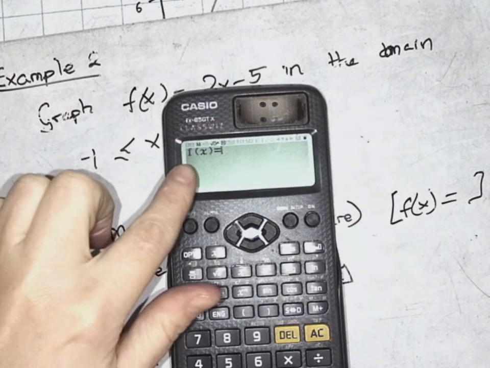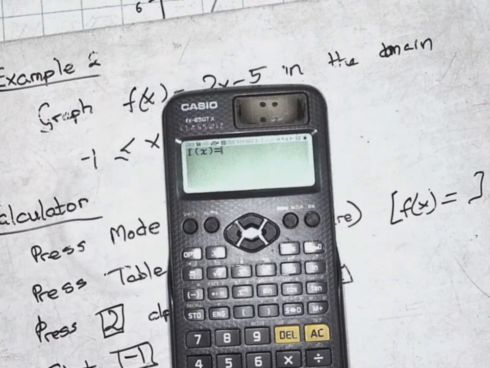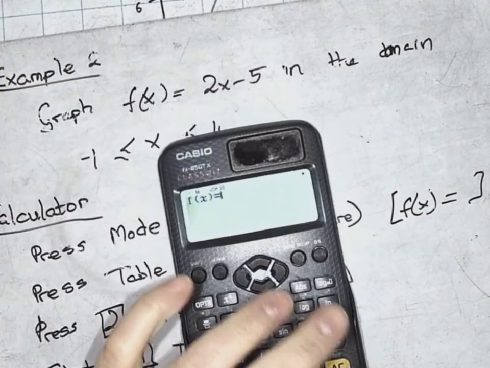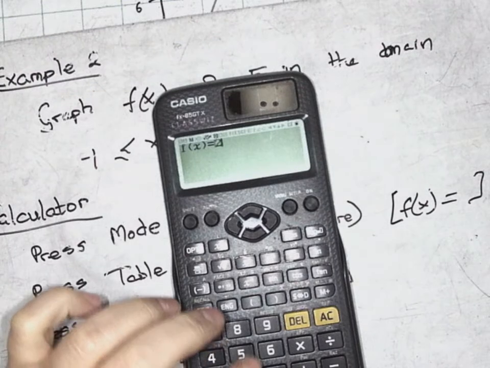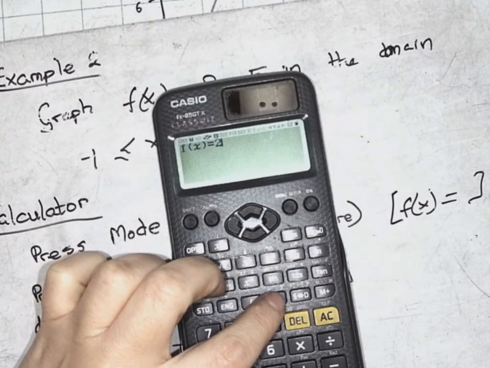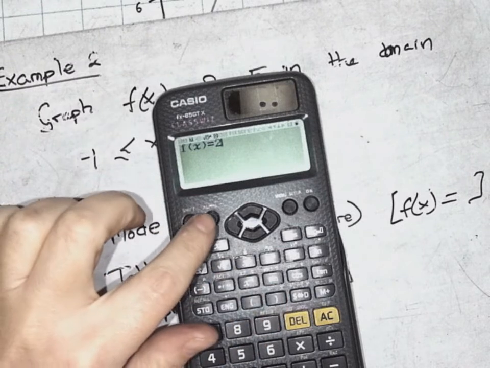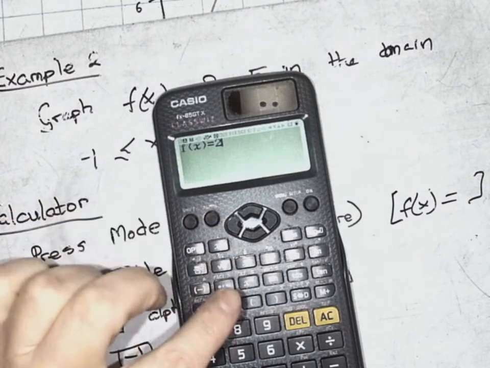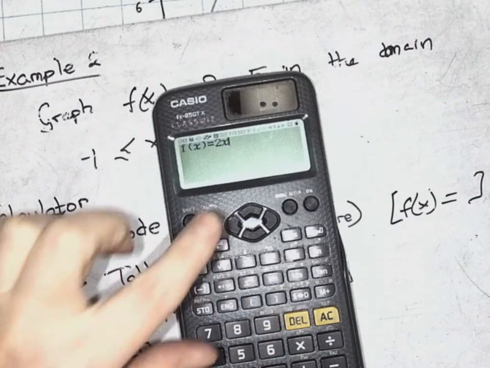Okay, and you should get up f of x equals, right? So then I want to write in 2x minus 5. So you write 2, and the x, girls, is over the closed bracket in red. So to access that, you press alpha to access the red ones. So alpha and the closed bracket will get you the x.